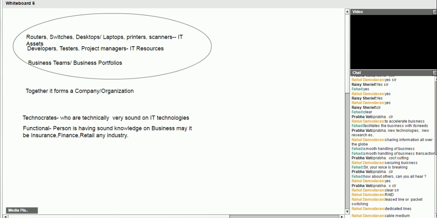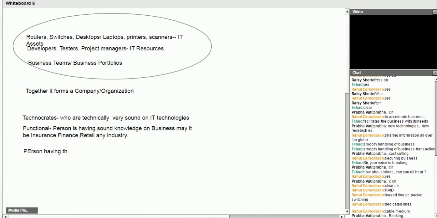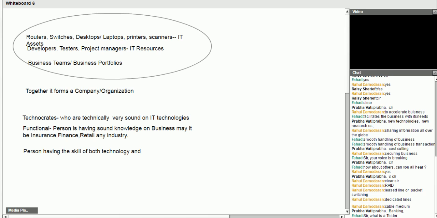So there are two types of guys. Nowadays what is required in the market is a person having the skill of both technology and business, and that is called techno-functional.